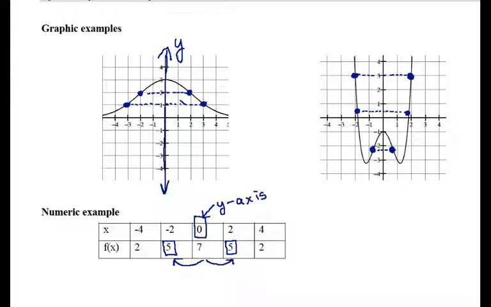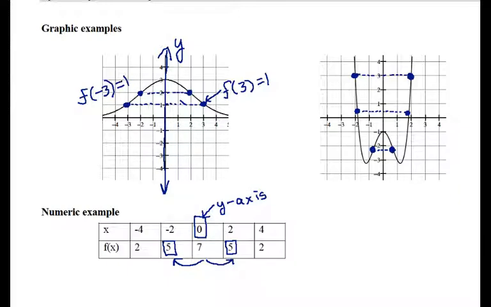Comparing that again to the graph, this here would be f(3) = 1. On the other side, we would have f(-3) = 1.